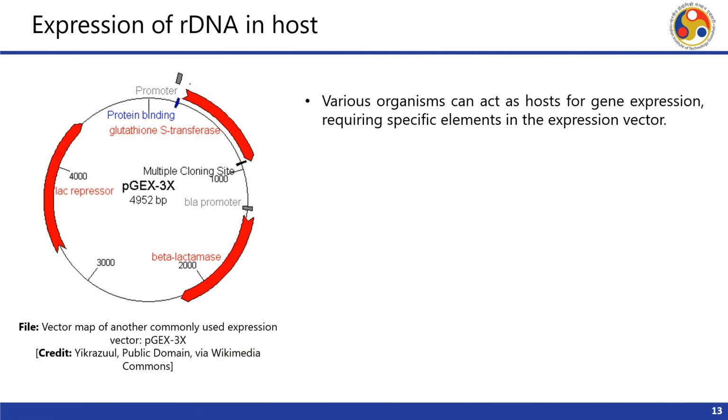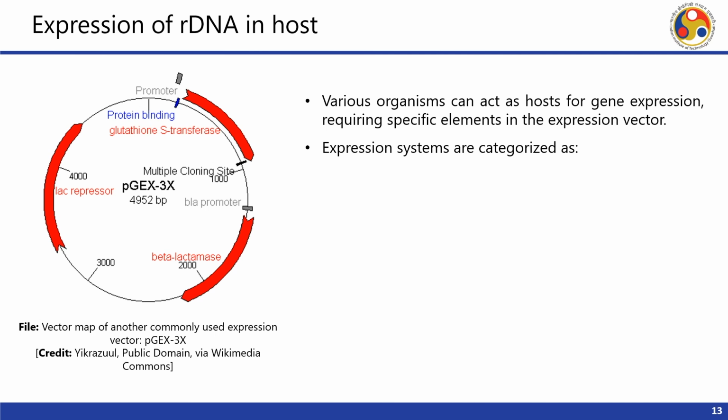Here we have a promoter, which is very essential for an expression vector. Then we have a multiple cloning site over here, and this is a marker gene for beta-lactamase, and this is a LacI repressor. These are some of the basic features of an expression vector as shown here.